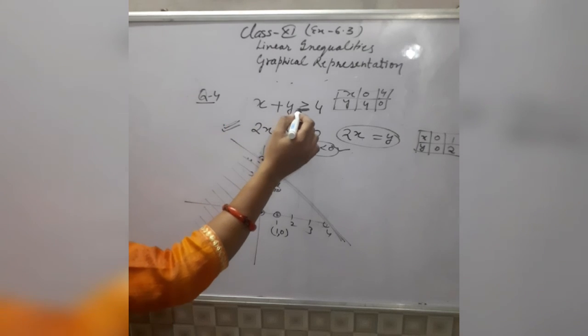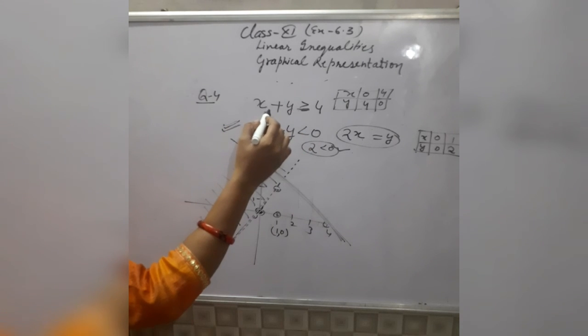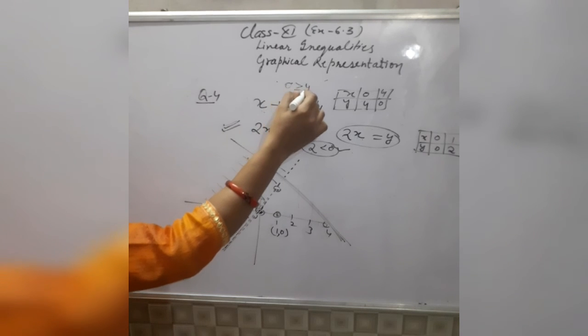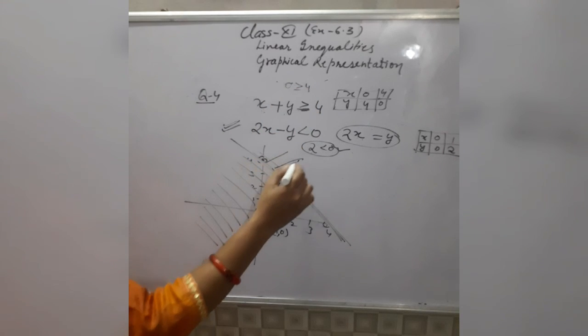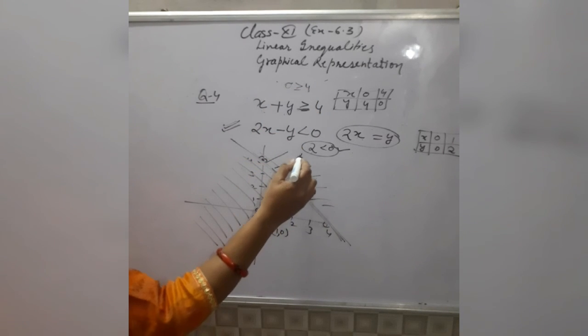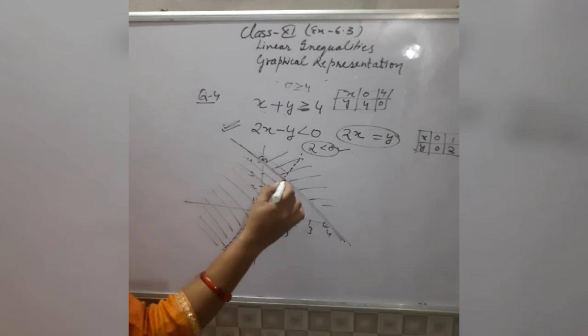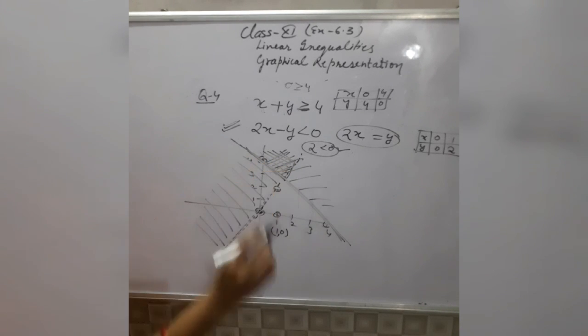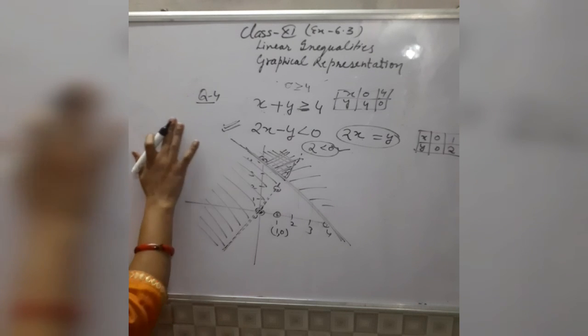If here you put the origin coordinates 0 and 0, then you will get 0 is greater than or equal to 4, which is false, so you will take the region away from the origin. So here this is a dotted line, this is a dark line, and this common region will be the solution of the given system of linear inequalities. So this is question number 4.